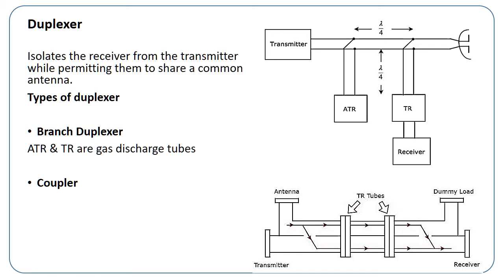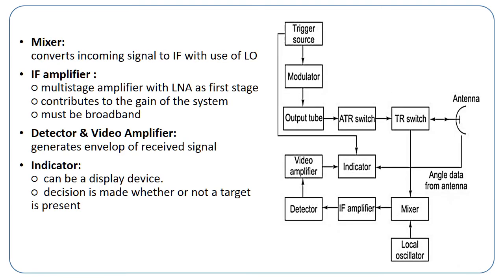So next we go through the receiver part of the pulse radar system. When the signal is received from the antenna, it is passed through the duplexer to the mixer. Mixer is generally accompanied with an RF amplifier, which boosts the RF frequency signal. Mixer, with the use of LO frequencies, converts the incoming RF signal to the intermediate frequency signal.